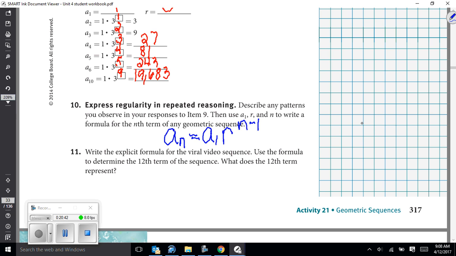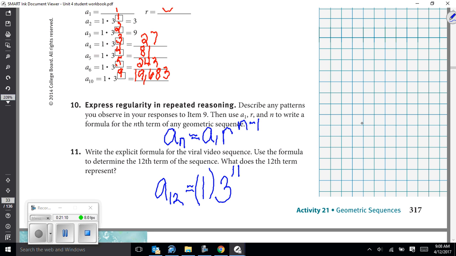So what was our starting point? What was our a sub 1? How many people started with the video? One. There was one person in stage 1. So this is our stage 1 value, a sub 1. And then what's our r value? 3. That's how much it's multiplying each time. And then n minus 1. So what's the previous stage number? 11.